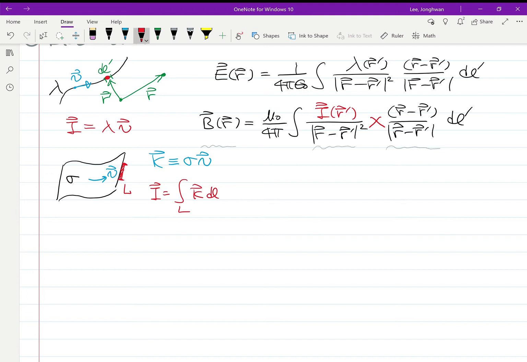And this surface current density K is a current, so it generates a B field as well, and the formula will have a similar structure. But now the source is not the line current, but the surface current density. So we have K here.